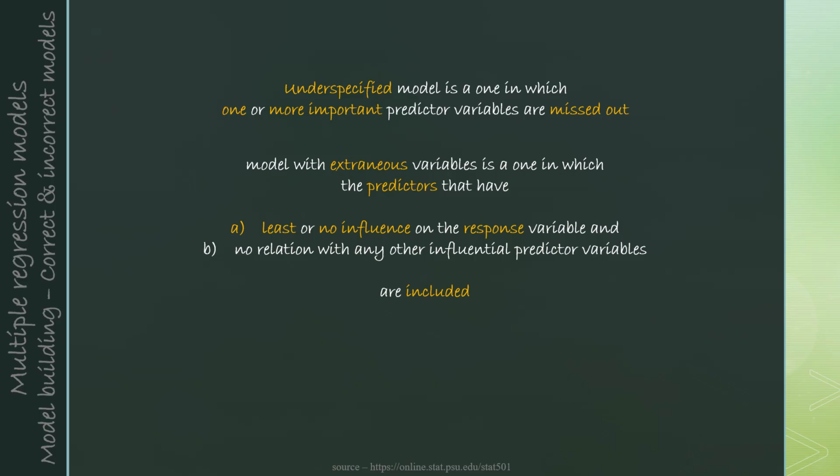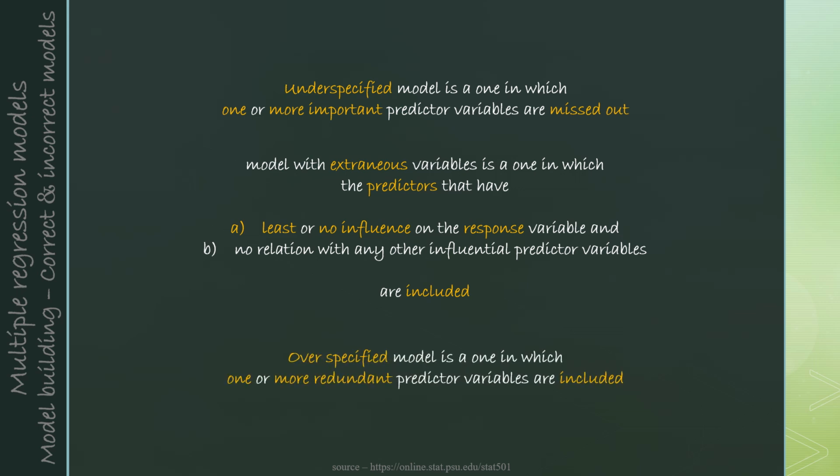A model with extraneous variables is one in which predictors that have little or no influence on the response variable and no relationship with any other influential predictor variables are included. The overspecified model is one in which one or more redundant predictor variables are included. We'll look into each one of these models and the consequences in detail.